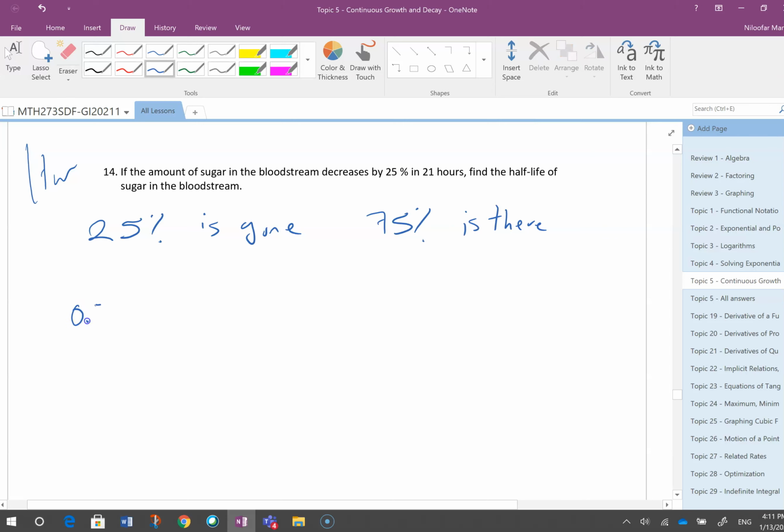So 0.75 N0 equals N0 times the power; N0 and N0 cancel each other. Beautiful. Find the half-life. 2 power or e power? 2 power, because we are talking about half-life. Negative or positive? Yes, negative, because half-life. So 2 power minus 21 over G. So find G in hours.